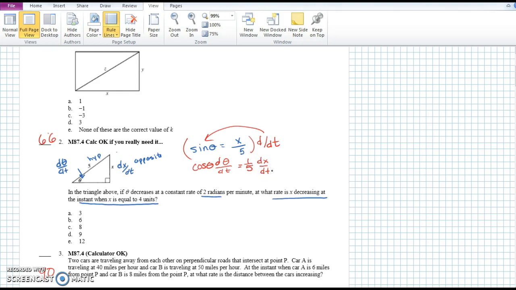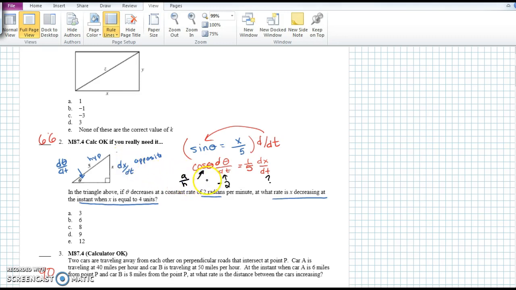Now we take stock of everything that we have and are given and we need. We need this. We've been given that this is 2, and it's decreasing, so this is a negative 2. Cosine of theta is going to be adjacent over hypotenuse.